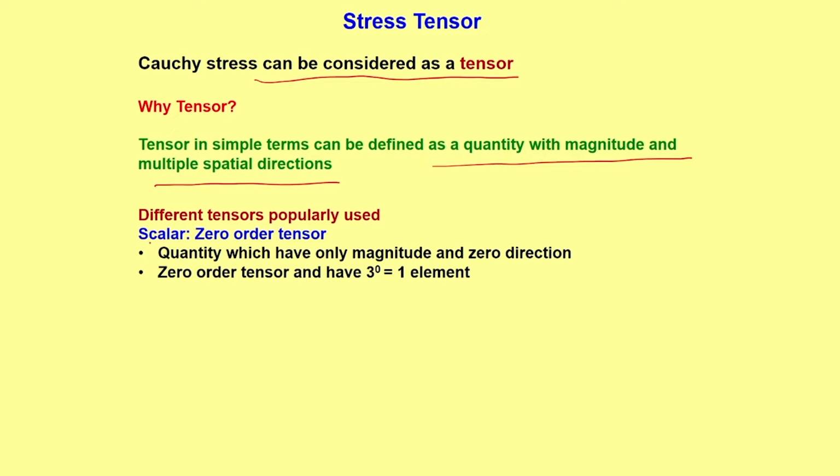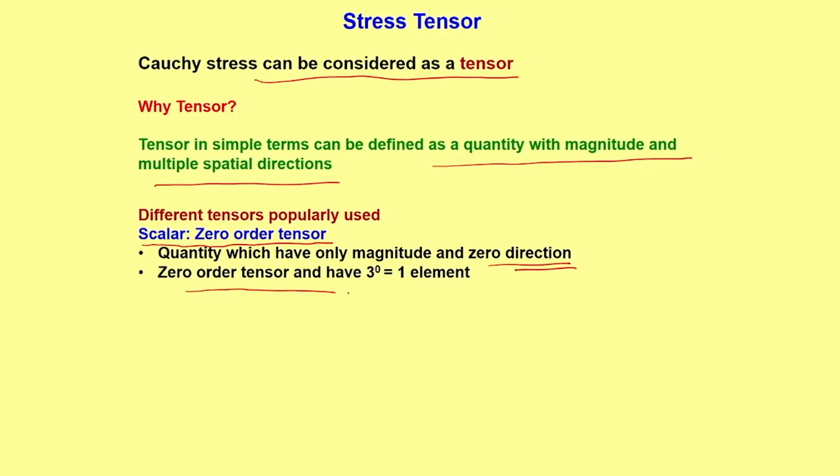The first one is scalar. The simplest tensor is scalar, and it is called zero order tensor. A quantity which has only magnitude and zero direction. Scalar, we all know that it does not have any direction, it has only magnitude.